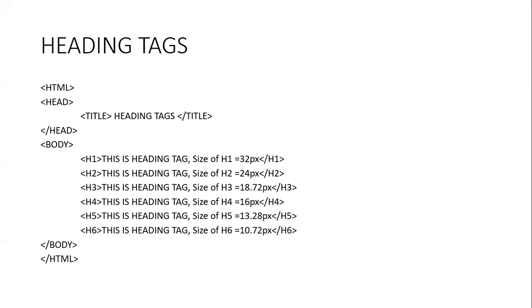Inside the head section, we only have the title to be displayed on the title bar of your web browser. In the body section, whatever tags you use will be the content displayed on your web page. That is the main part of the web page.